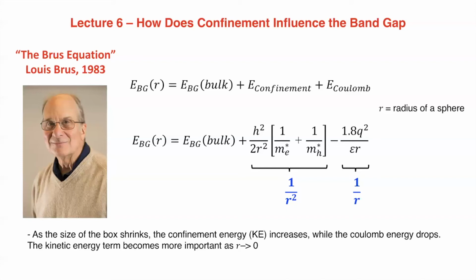And so as the radius of these crystals gets smaller and smaller and they transition into this confinement regime, this r squared term begins to dominate. And so you get different band gap energies in a quantum dot because of this confinement effect. It goes as 1 over the radius squared largely because the changes in the kinetic energy dominate on that length scale.